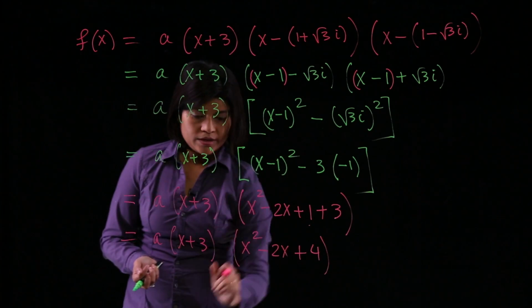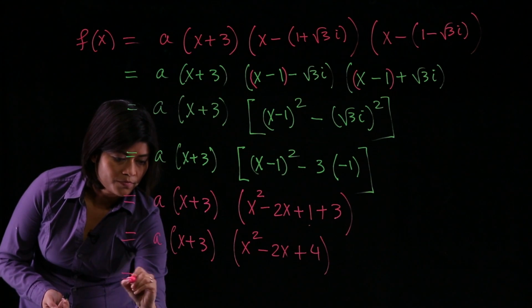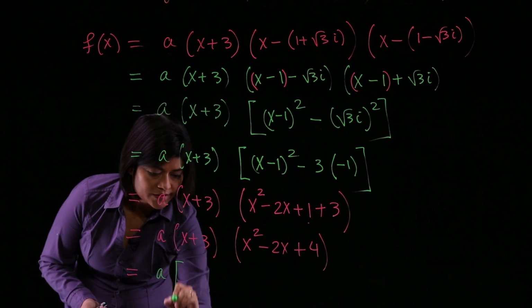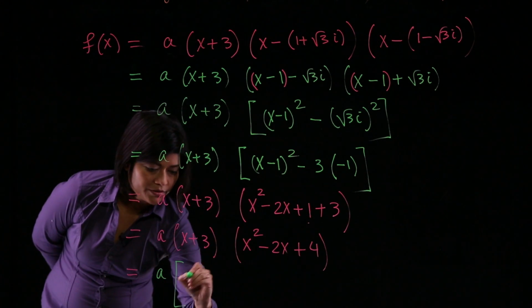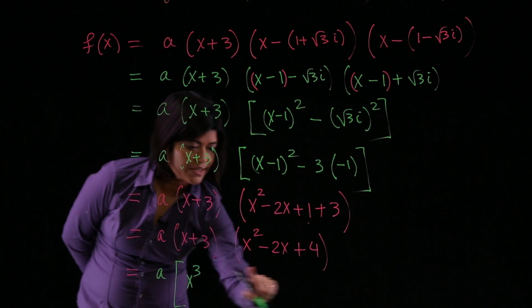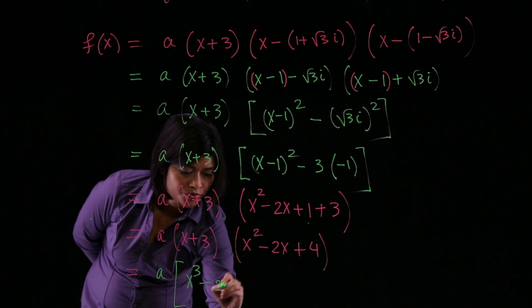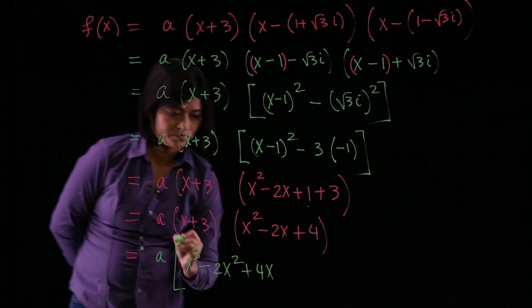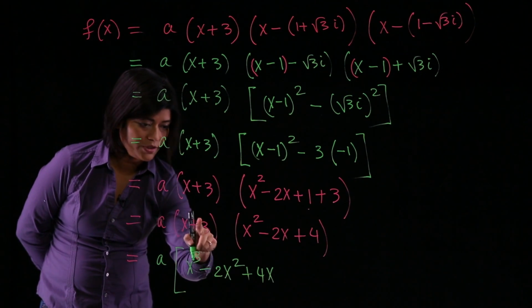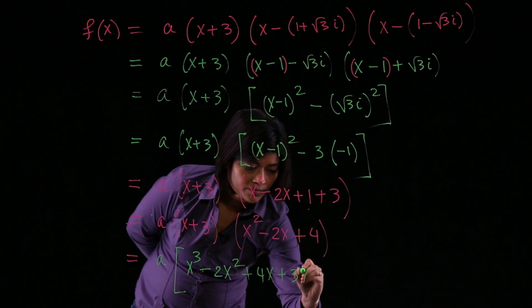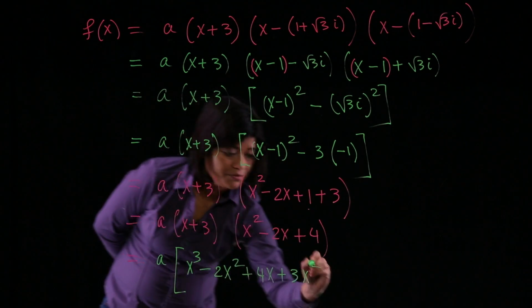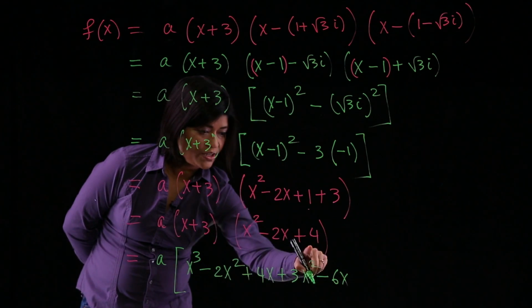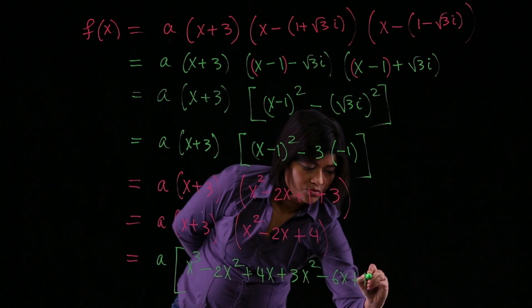Now we expand these two factors. Keep a as it is again. x times x squared gives x cubed, x times negative 2x is minus 2x squared, x times positive 4 is plus 4x. Then you do the same thing with positive 3: 3x squared, negative 3 times 2x is negative 6x, plus 3 times plus 4 is plus 12.